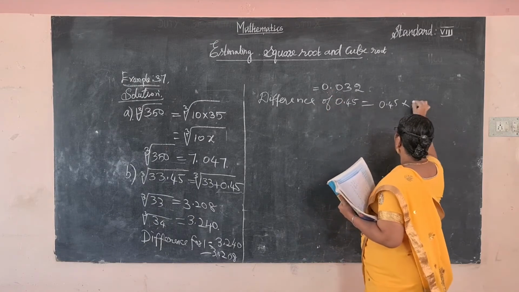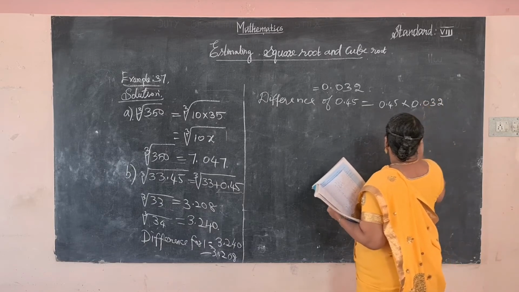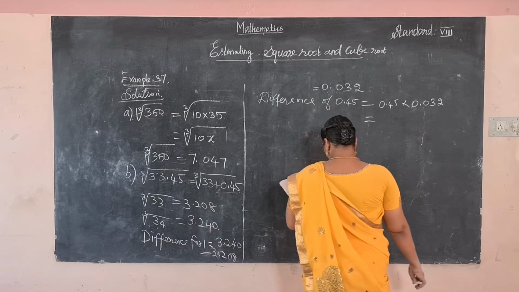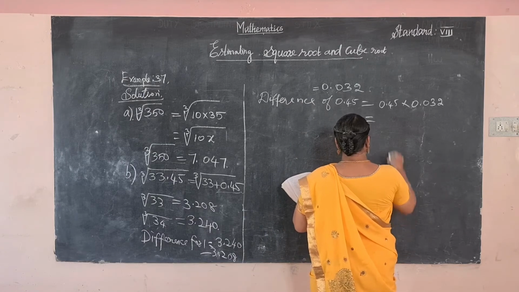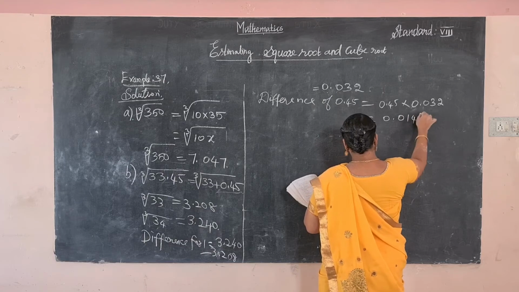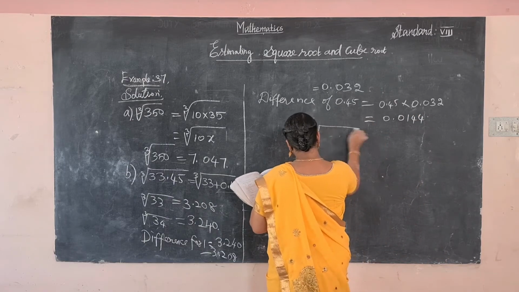The difference for 1 is 0.032. Multiply, what do we get? 0.0144.